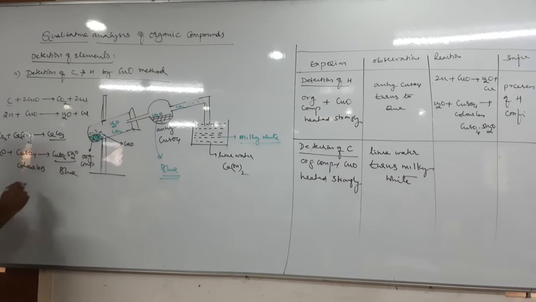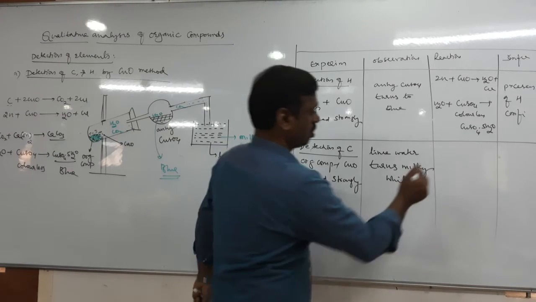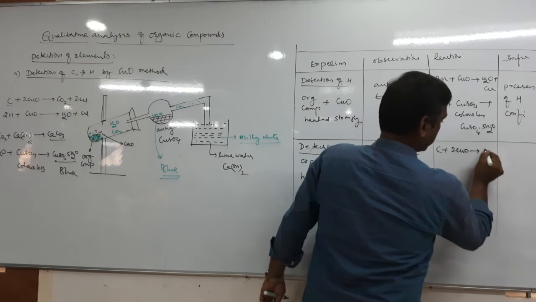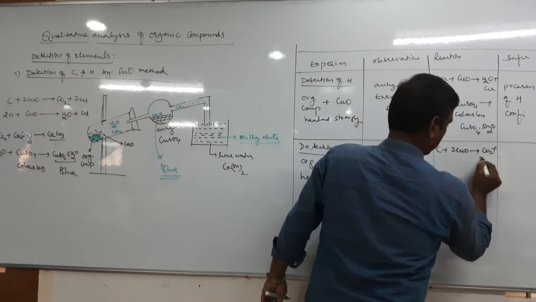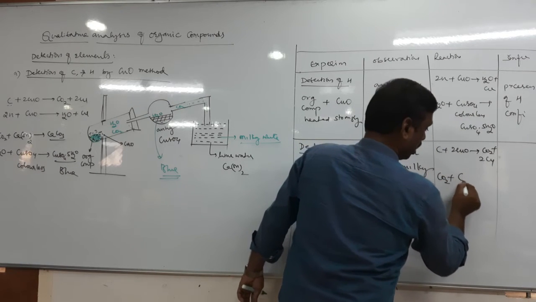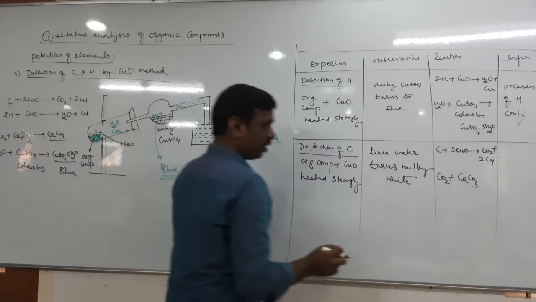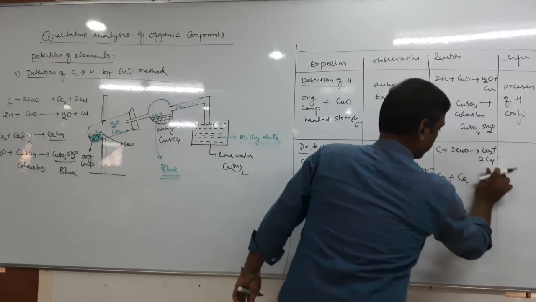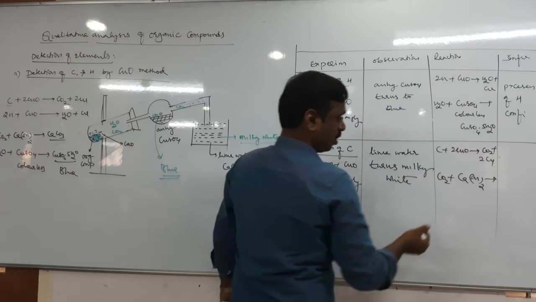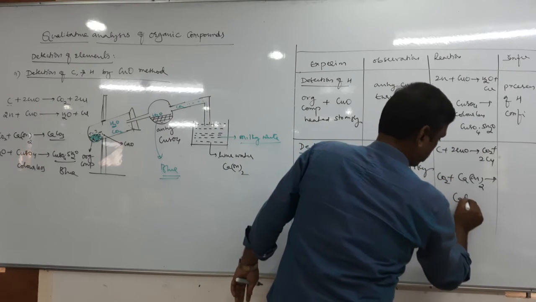So the reaction is the same as this. That is, carbon plus 2 copper oxide gives CO2 plus 2 copper, and this CO2 is passed through calcium hydroxide, which gives calcium carbonate.